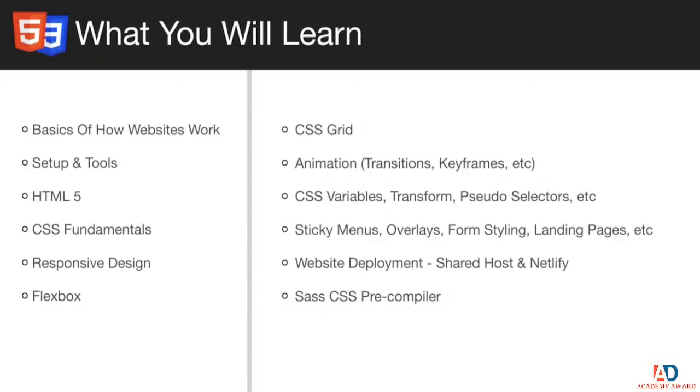Responsive design, so media queries, making everything look good on mobile devices, including smartphones and tablets. Every single project we create is going to be responsive. Okay, we'll be looking at Flexbox and CSS Grid, which are ways to align columns and rows. We'll be looking at animation with transitions and keyframes, CSS variables, transforms, pseudo-selectors.